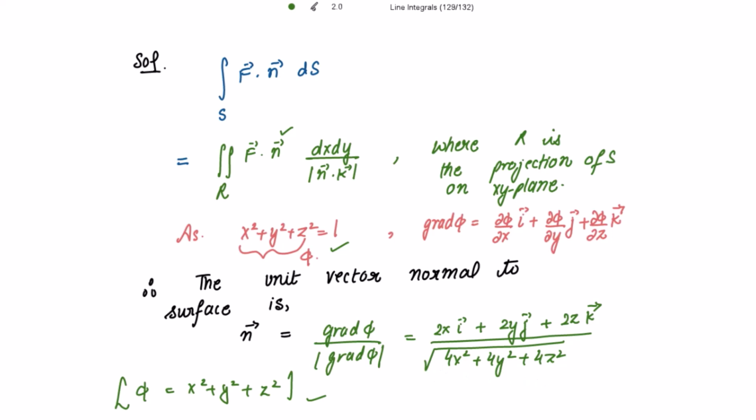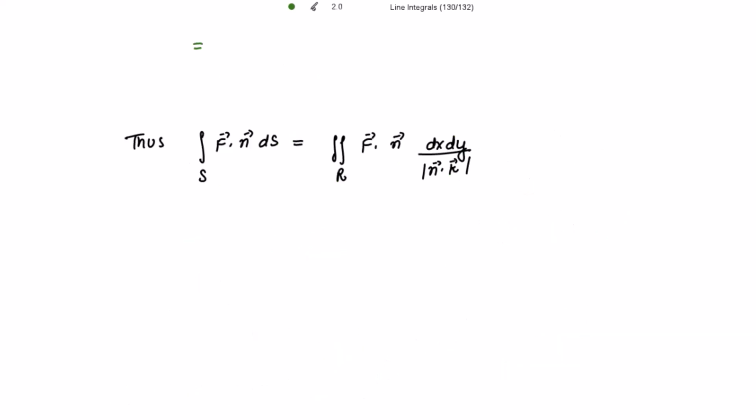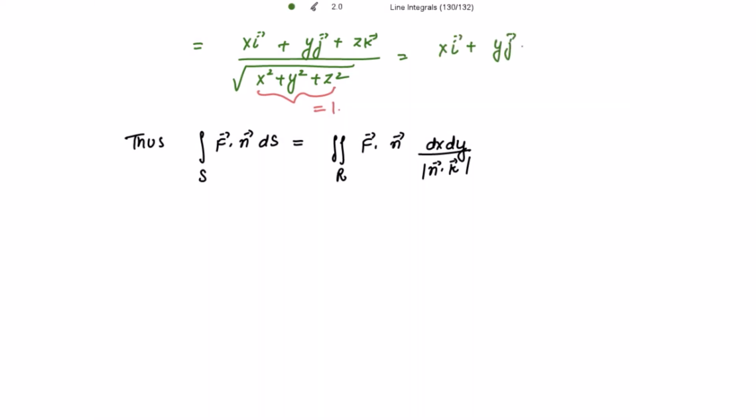So that 2 and square root 4 will cancel out and we get x i vector plus y j vector plus z k vector divided by x square plus y square plus z square under the root. And x square plus y square plus z square is equal to 1. So this is equal to x i vector plus y j vector plus z k vector. Reason, x square plus y square plus z square is equal to 1. This is given to you.